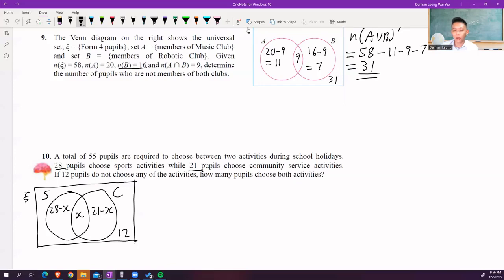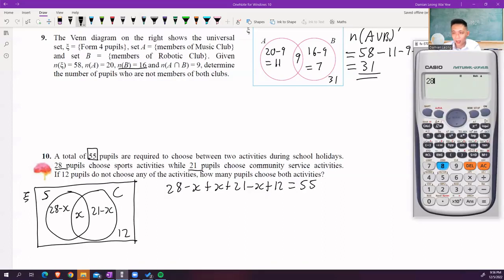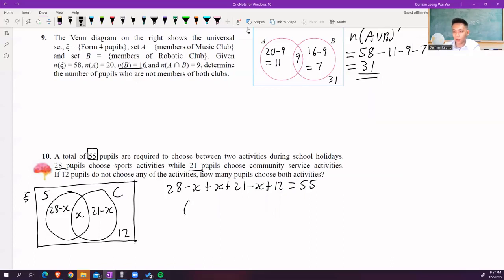So all together, they should add up to the total number of pupils, 55. That's why I add everything together. It will equal 55. Okay. So 28 plus 21 plus 12 is 61. Minus X plus X minus X is minus X equals 55.